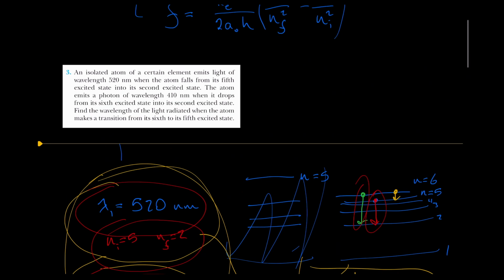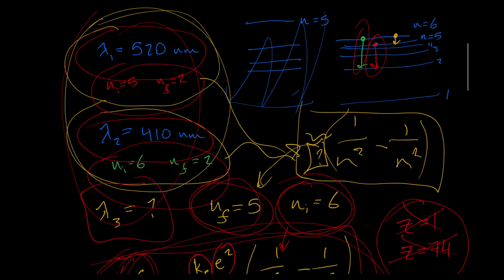So what the book actually does is it uses these values. Let me actually show you the solution of the book. So it says the fifth excited state must lie above the second excited state by the photon energy. So what it does is it calculates the energy of this transition from 5 to 2.